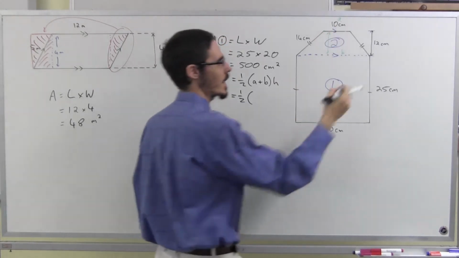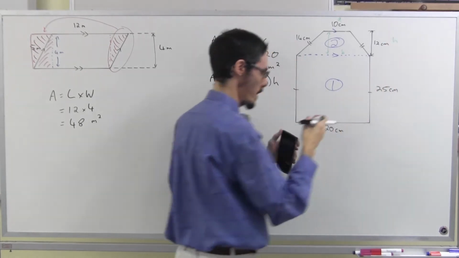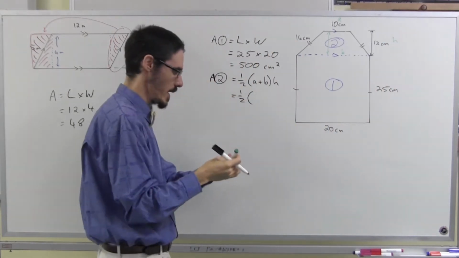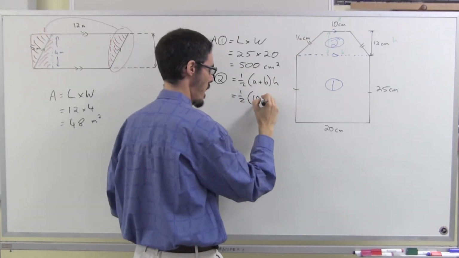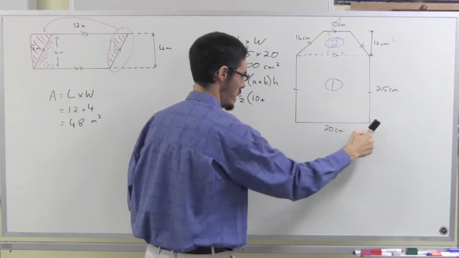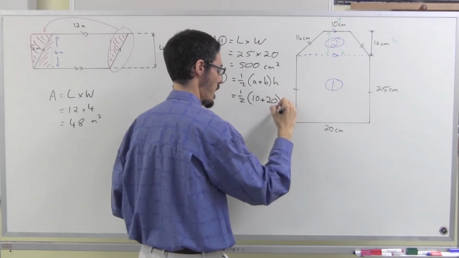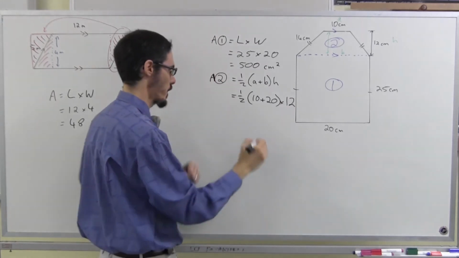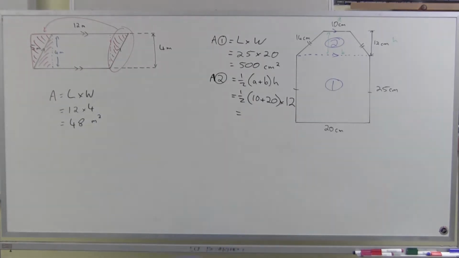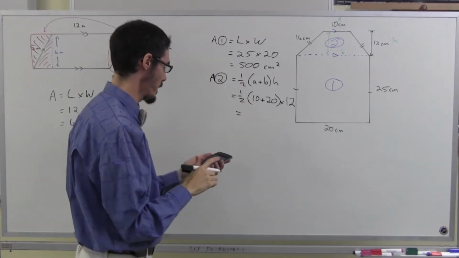Well, what's the perpendicular height? It's 12. A is 10, B is 20, and the height is 12. Grab my calculator again.